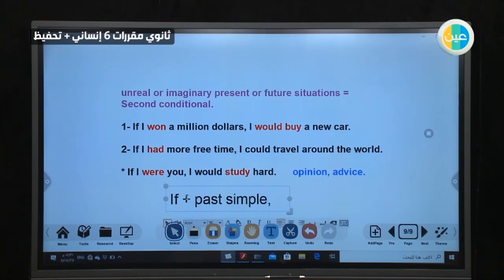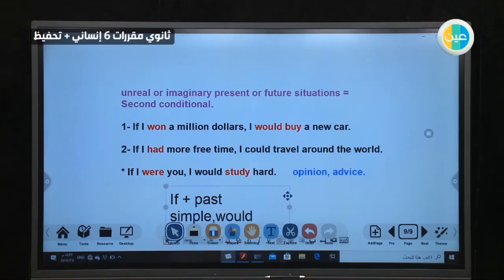So is this a real possible situation, or is it just imaginary, something you imagine? So when you express an unreal or imaginary present or future situation, you will go with the second conditional. The if clause should be past simple. The second clause should be would plus the infinitive.